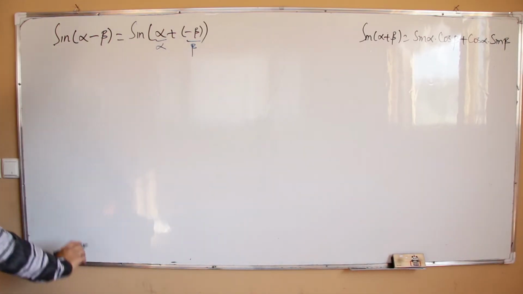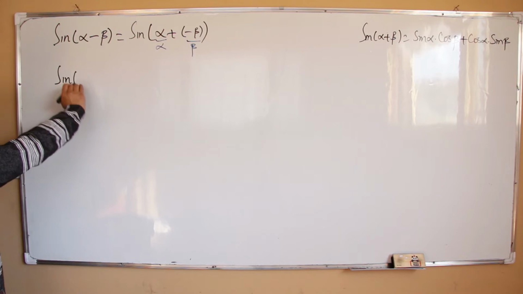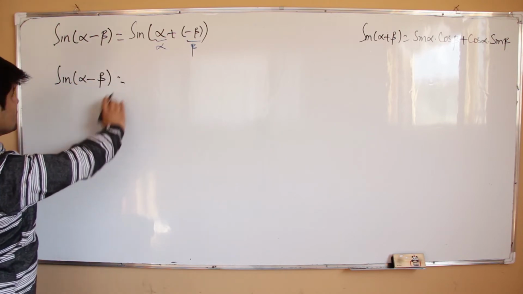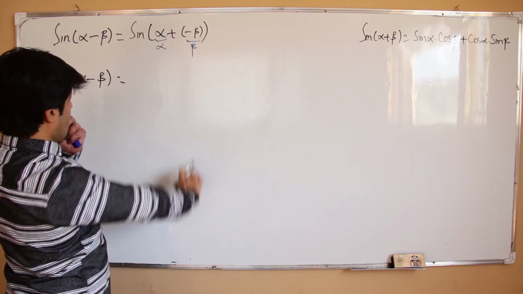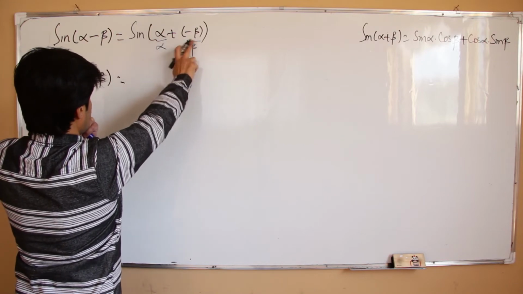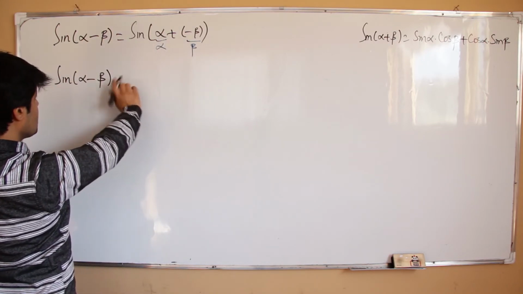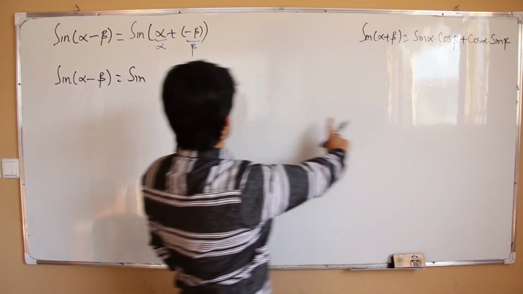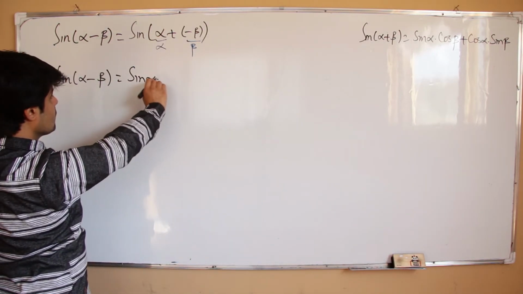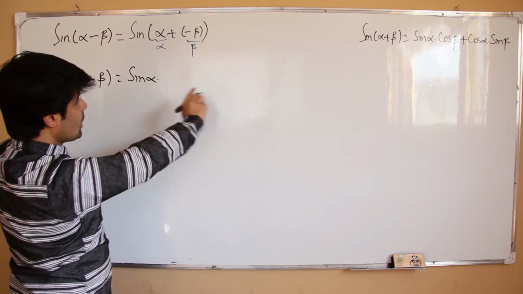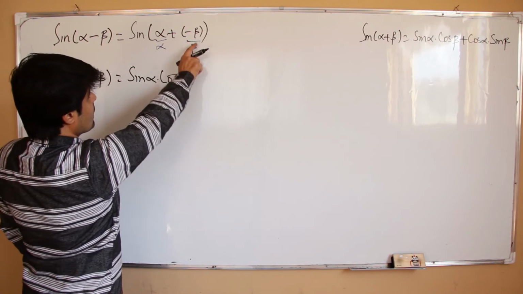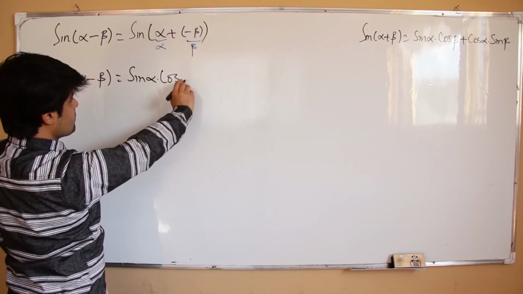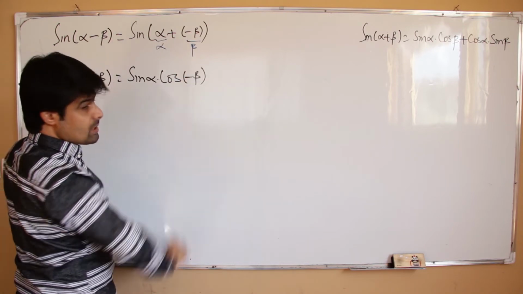Now here also, sine of alpha minus beta is equal to sine of alpha plus minus beta. Listen to me.